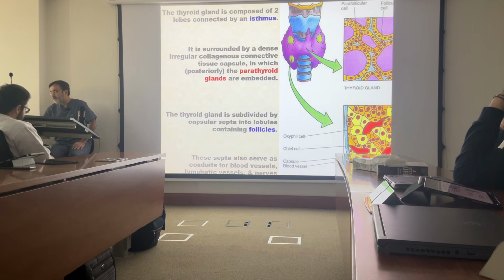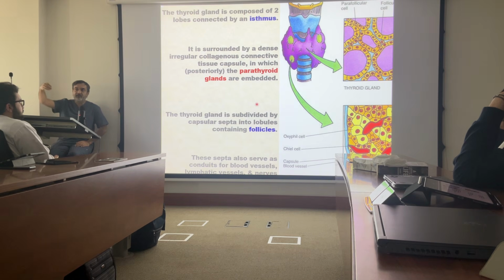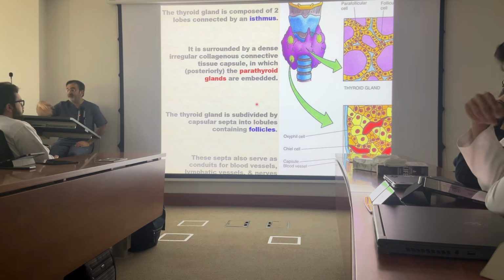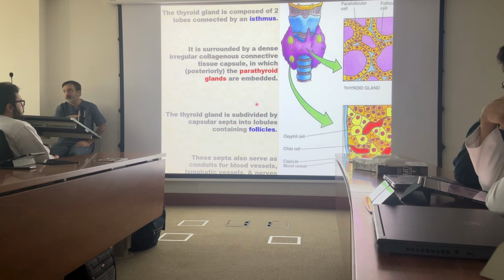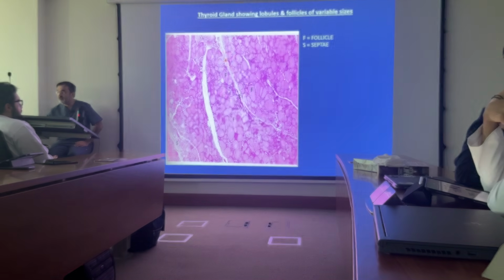Now, the capsule of the thyroid gland is going to send septas inside the thyroid gland and divide it into lobules. These septas will also serve as conduits where the blood vessels, lymphatics and the nerves are going to travel. I'll show you in a minute. So you see these septas, can you see these?